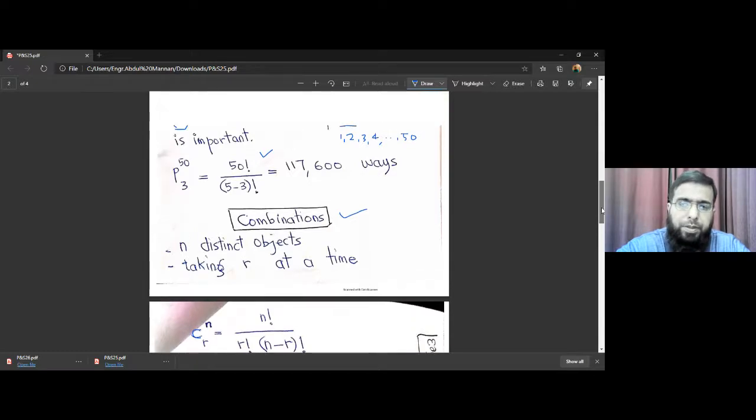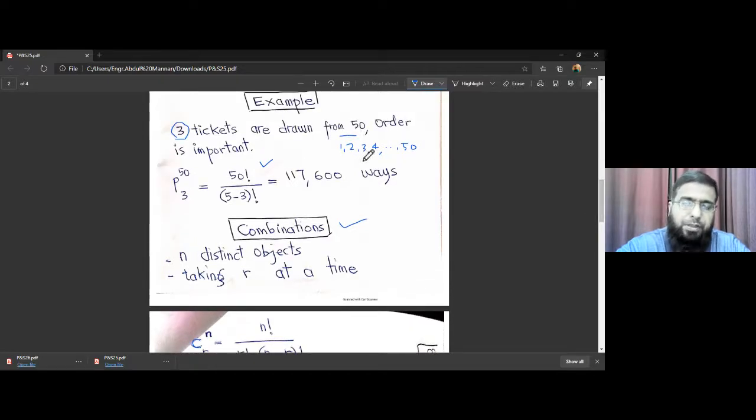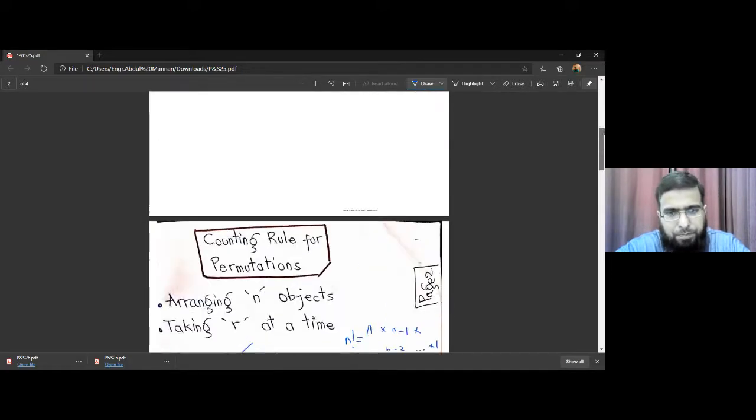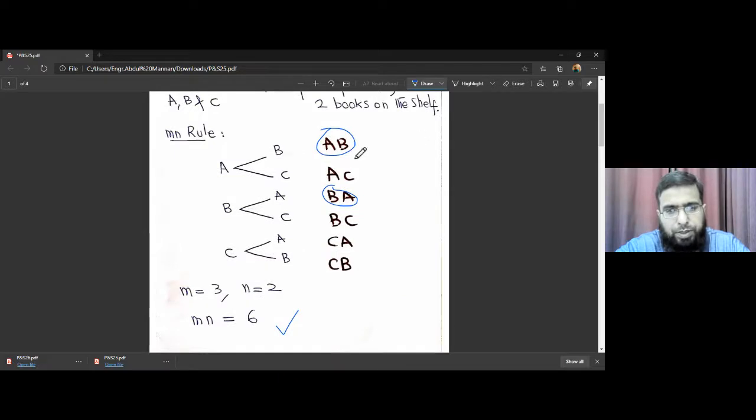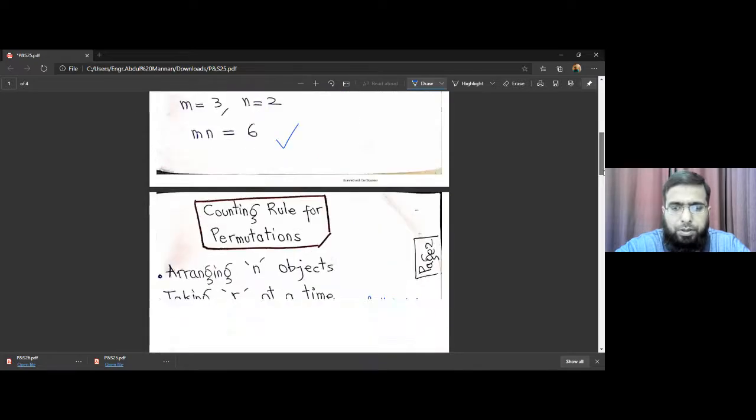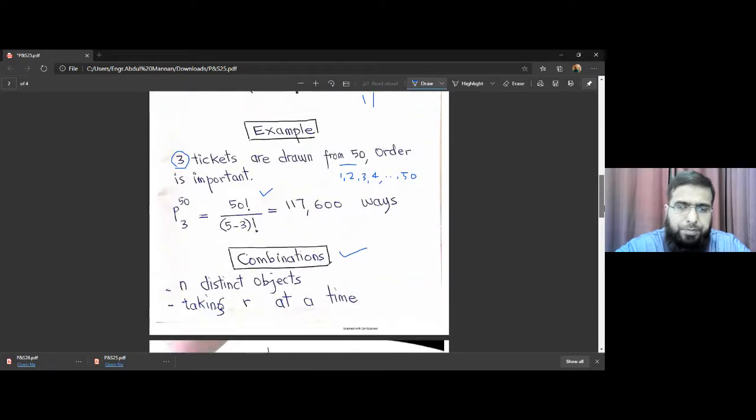In this example, 1, 2, 3 is the same as 2, 1, 3, which is the same as 3, 1, 2. Going back to our last example, we use this formula when AB and BA are the same. It doesn't matter which book is selected first. It does matter which 2 books you select, A and B, A and C, or C and B. When the order isn't important, only the items are important.